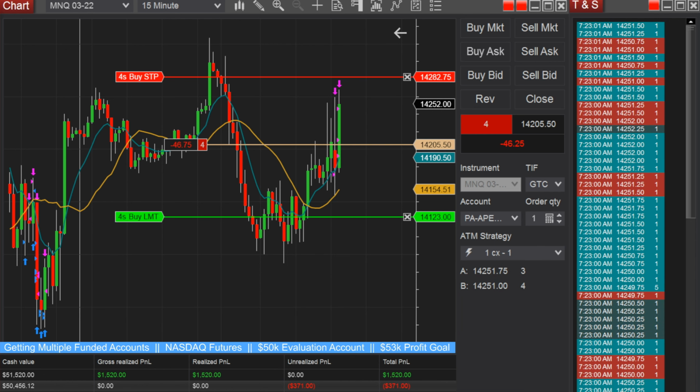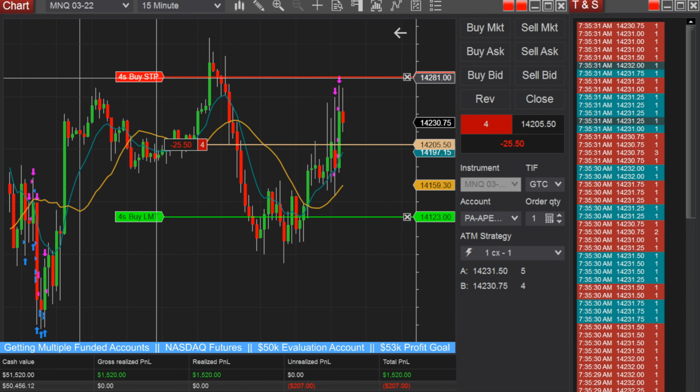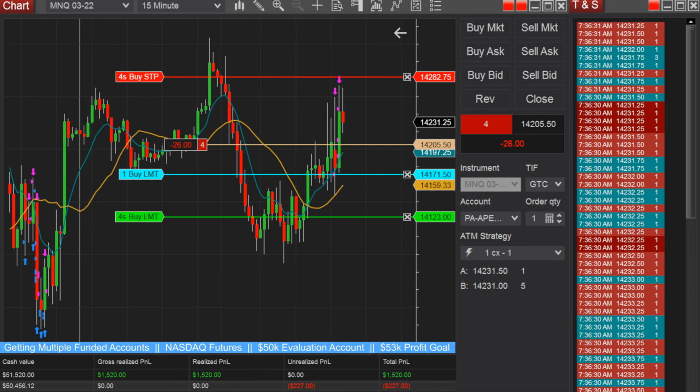Let me fast forward here a little bit. So close to my exit, to my stop there a couple of times. So another hindsight kind of observation is, why not have a few extra entries towards your stop?